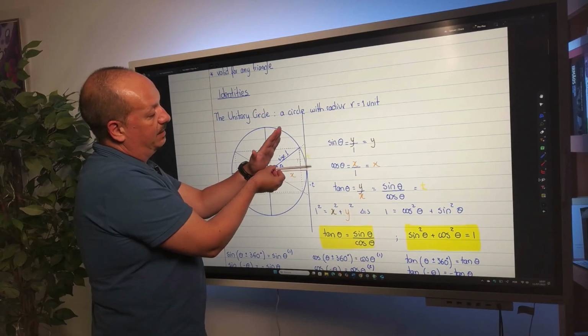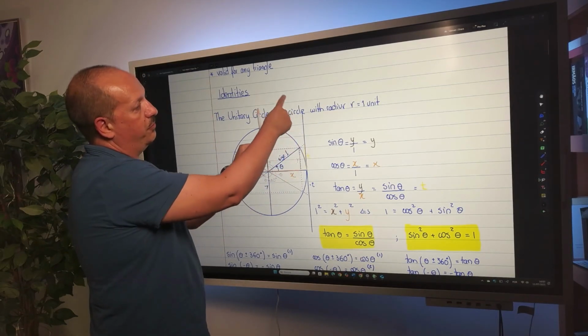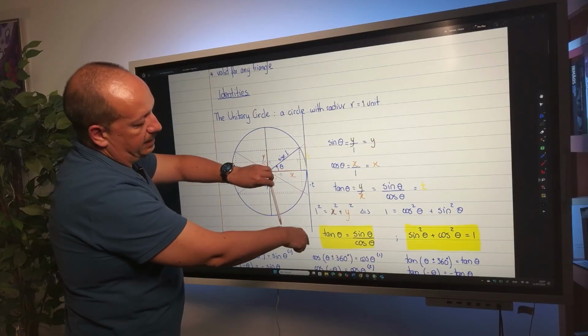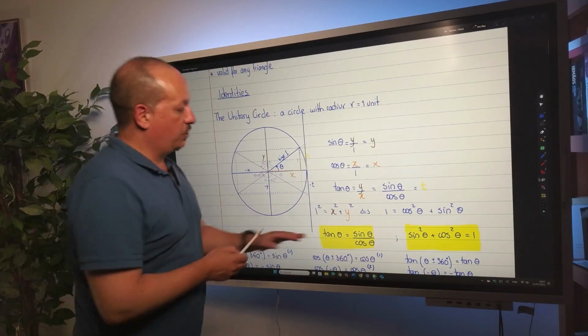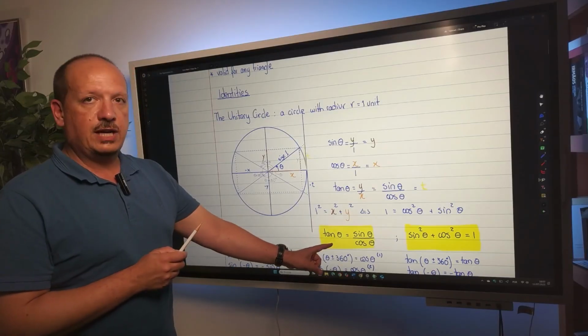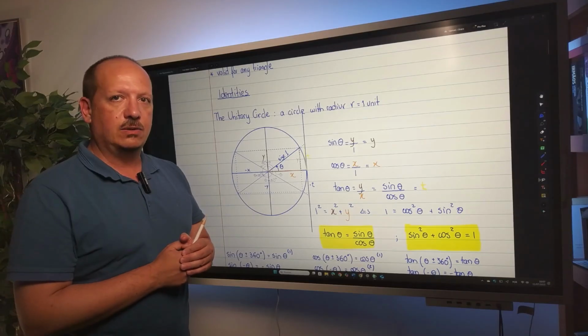As the angle goes to 90 degrees, the value of the tangent tends to infinity. As it tends to minus 90 degrees, it tends to infinity as well, but on the negative side of this line. All right? So this is the very first identity that you need to know. The tangent of the angle equals the sine of the angle divided by the cosine of the angle.